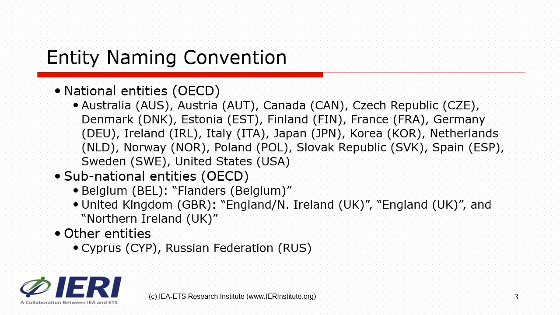Within the United Kingdom, we have England and Northern Ireland, and those are separate because not the entire United Kingdom participated, so they're marked separately. There are also entities that are not OECD members yet, but who are still participating in these studies.